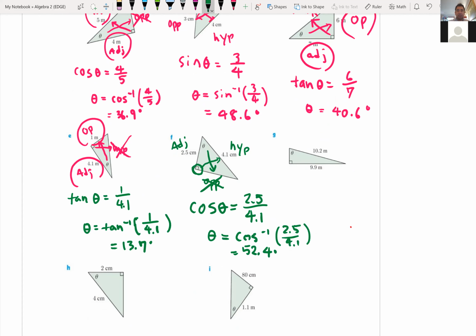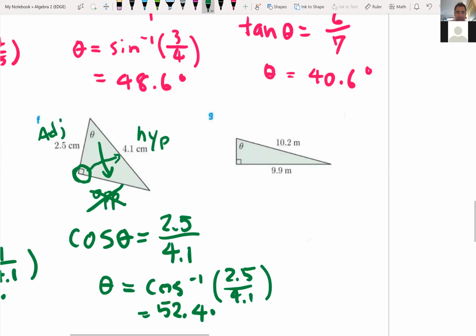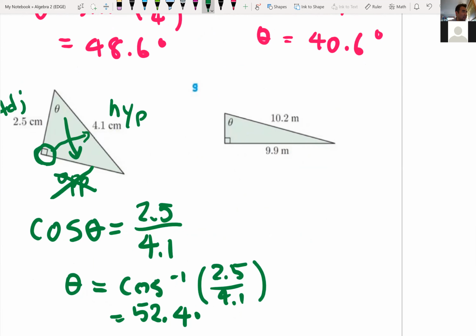That's 52.4 degrees. Okay, for G, we got 3 more to go.